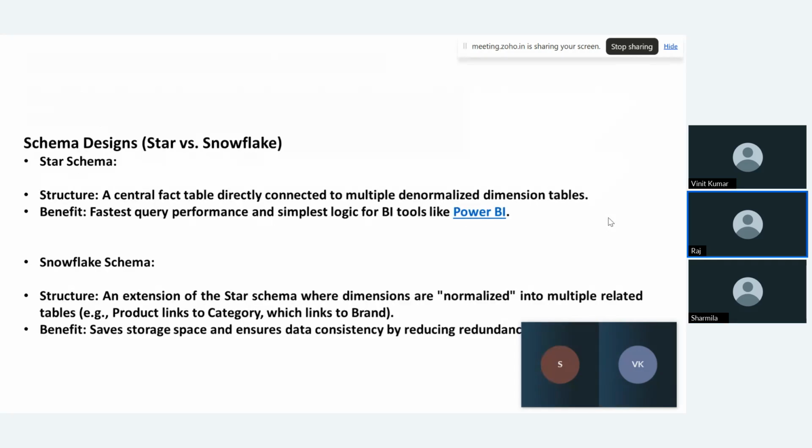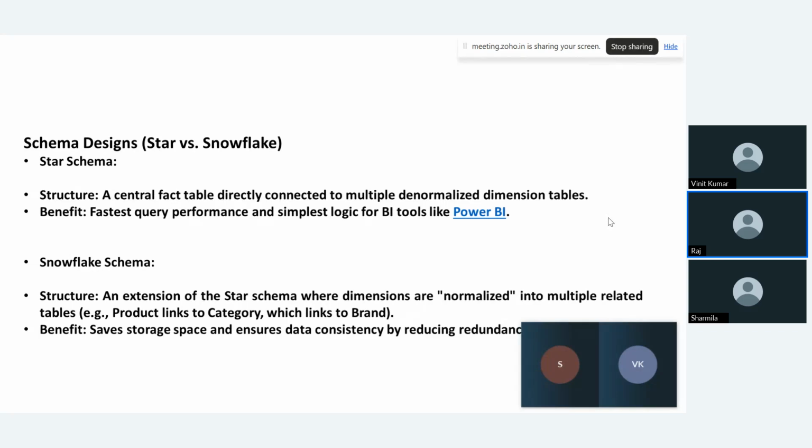And then, as I told you, we have this schema design: star versus snowflake. This question is generally asked in interviews. For a data engineer role, this question is a must. For me, it is a must-ask question, because we should understand the difference between star and snowflake schema, and when to use which one in which scenario.